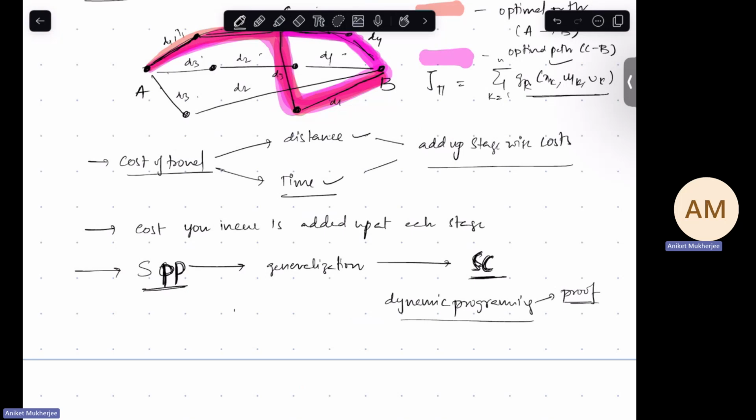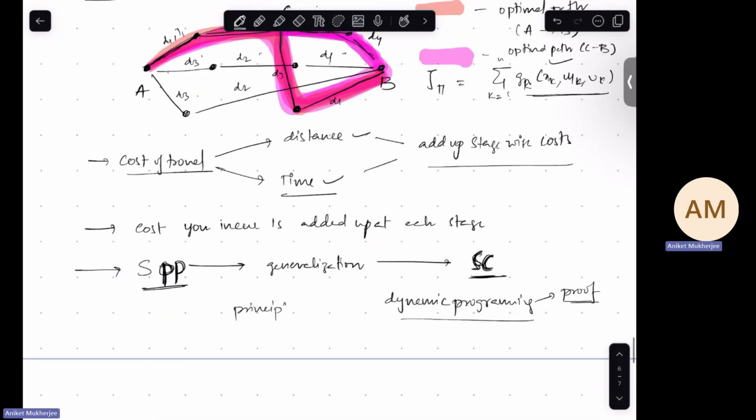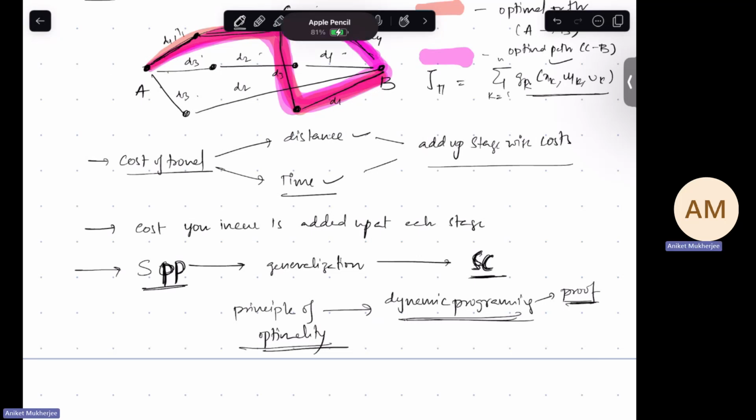Basically the idea is this: if you have the optimal path, then your sub problems would also have the same truncated optimal paths. Using that, we'll do dynamic programming where you go from the back. It's not basically stage wise; you do it in a recursive manner. Then we'll have the proof of optimality with that. I'll stop recording.